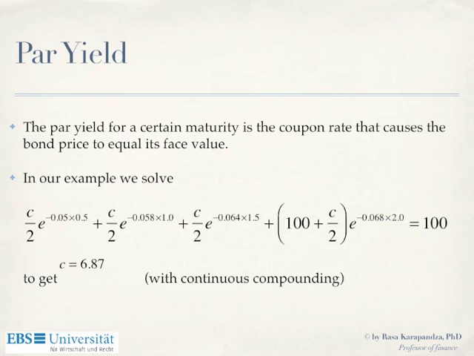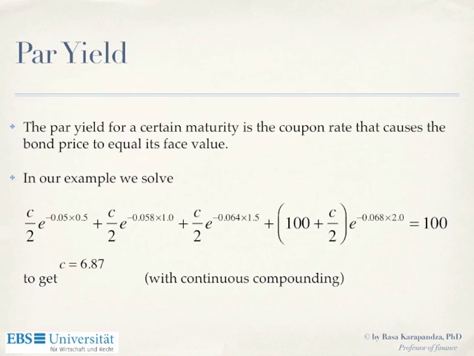Well, the par yield is actually the coupon rate, so it's expressed in percent. Because, you know, when we were talking about this bond, we said this bond has a 6% coupon paid semi-annually. That would mean every 6 months you receive 1/2 of the coupon rate. This is why I divided here by 2, because this is a semi-annually paid coupon.